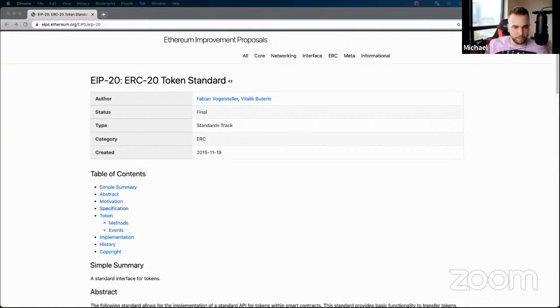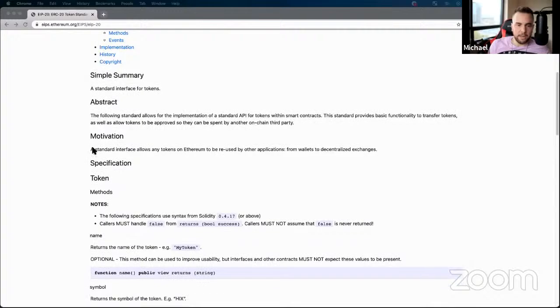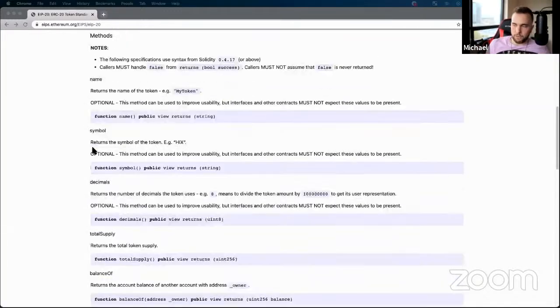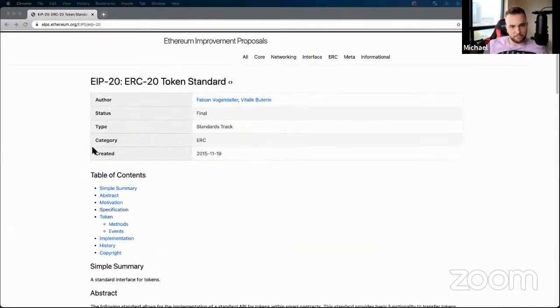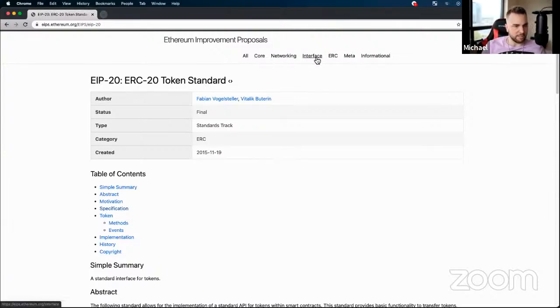So part of what Fabian and Vitalik did was come up with a standard, a protocol for talking to a token contract and getting information back in a way that is more or less similar across contracts and across these Ethereum cryptocurrencies.